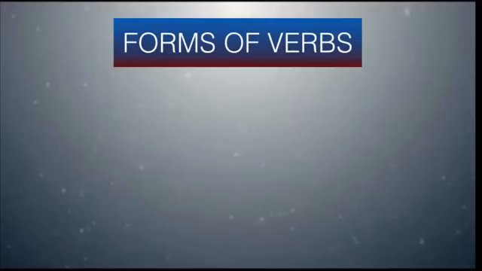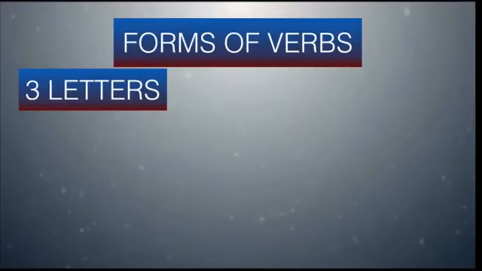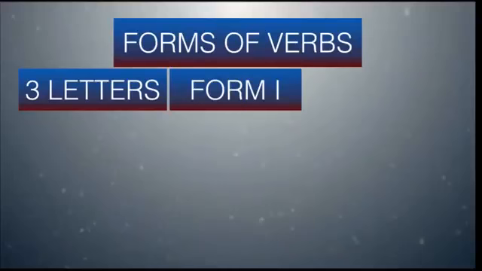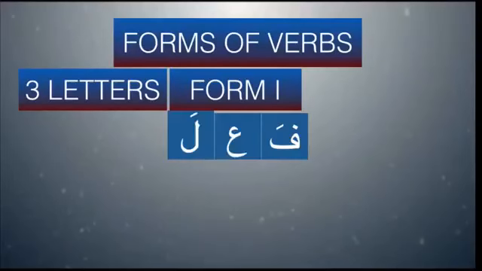To begin with, what we have been learning over the previous few classes is the forms of verbs. We have learned extensively about three-letter verbs, which is form 1. It has three kalimas: fa kalima, ain kalima, and lam kalima, where the fatha is on fa kalima and lam kalima, and the vowel sign changes on the ain kalima in the madi.